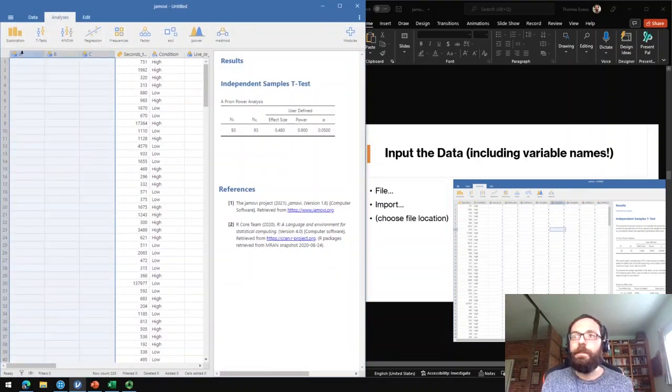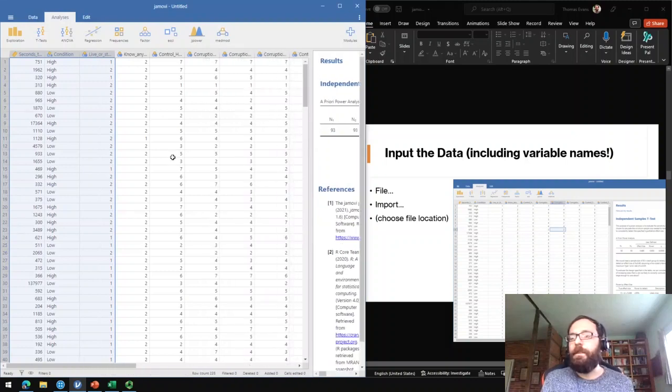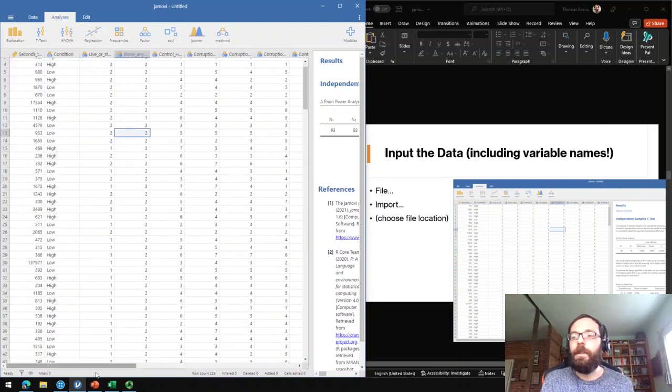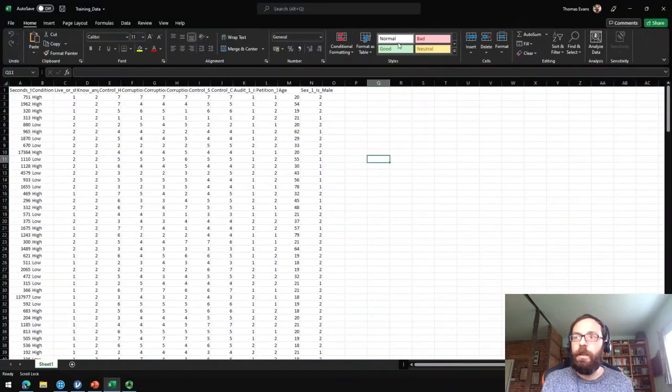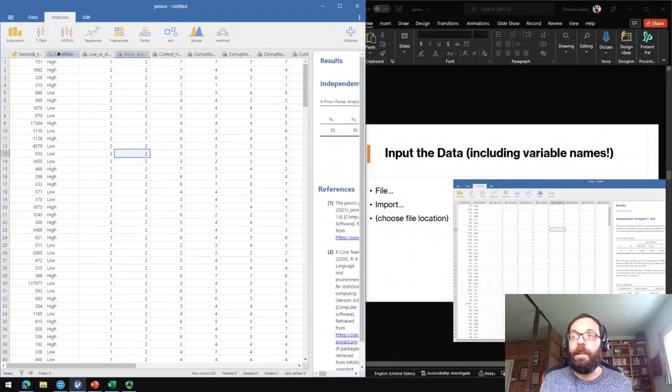I'm going to get rid of these other columns that we don't need. And what you'll be able to see if we maximize the extent, is that we have a variety of variables. We started off with an Excel file, and it has very cleverly recognized that the top line is the headings or the titles of the variables. And so we've got a variety of different things we've captured here.